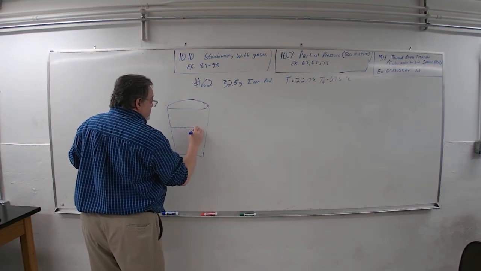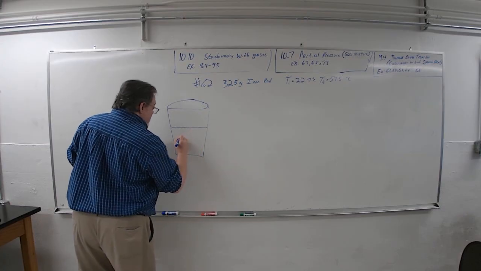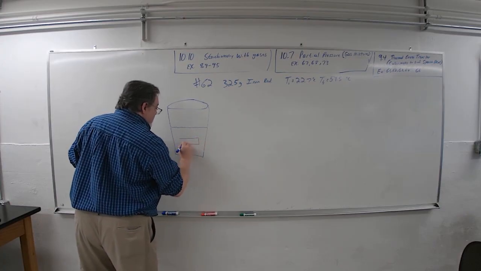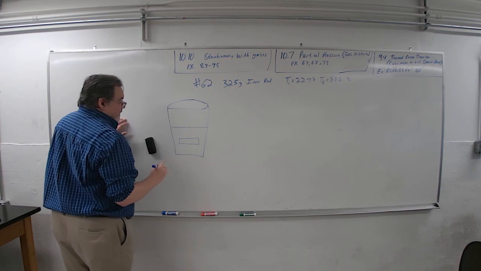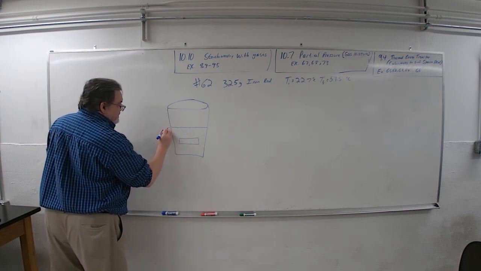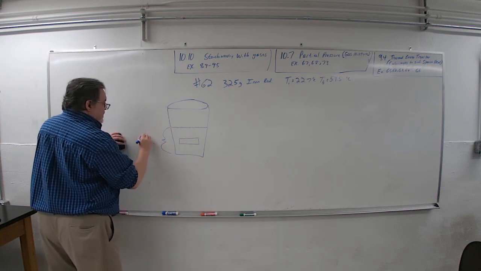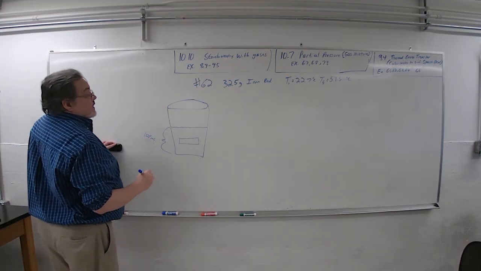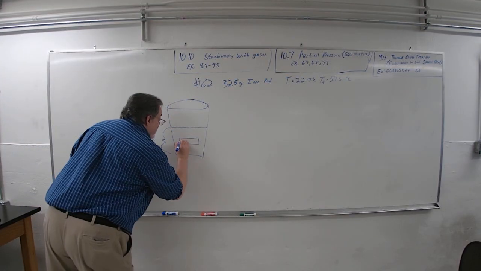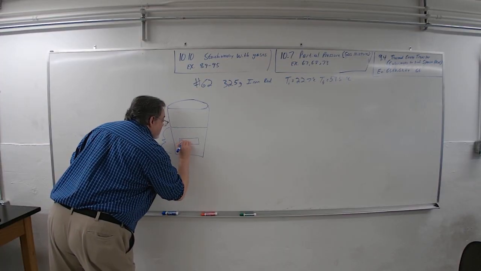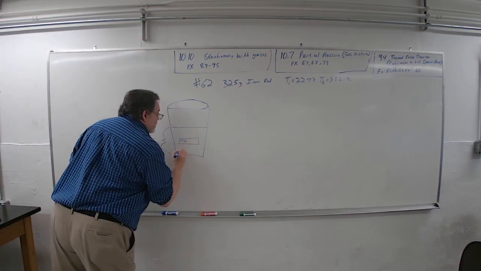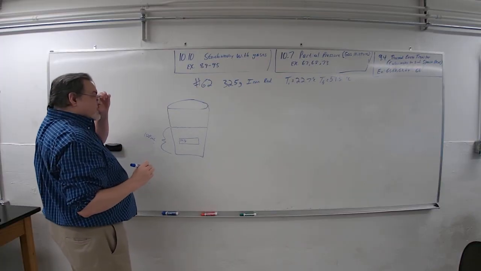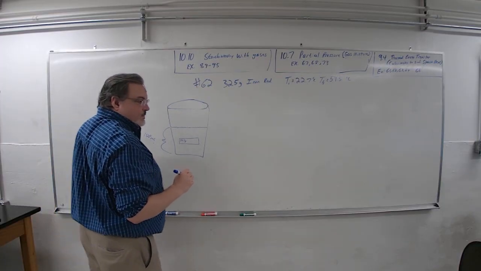So there's water. So that's an iron rod. This is 100 milliliters of water. 32.5 grams. All right, and its temperature initially, let me read it.